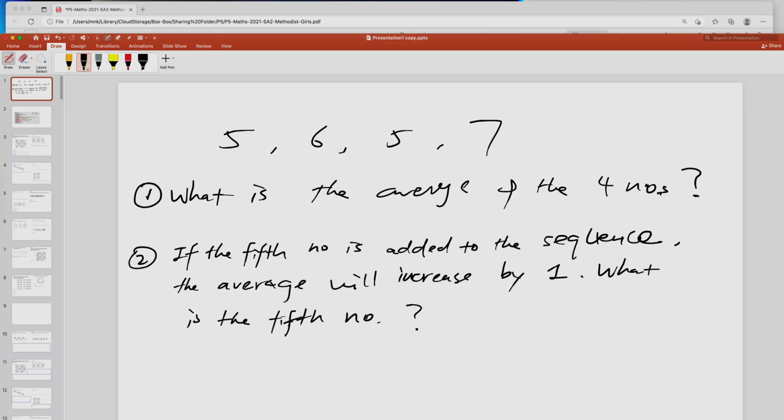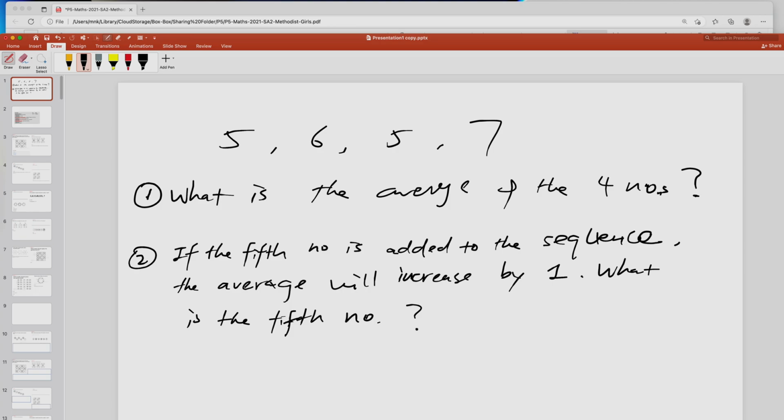So another number added, and then the average will increase by 1.